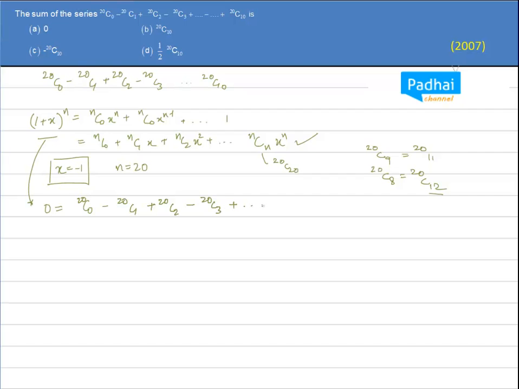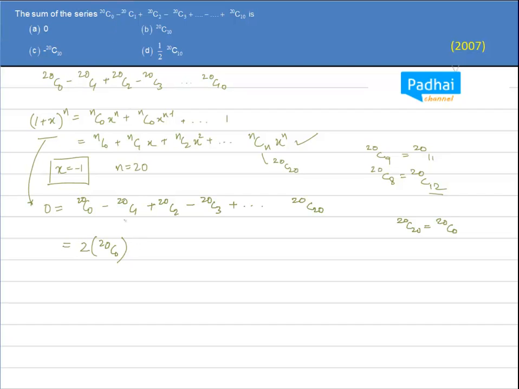So this will go on till 20C20. Now 20C20 is nothing but equal to 20C0, because we know the property that 20C20 is equal to 20C0. So that means 2 times 20C0 will be there, which we actually require in the question.